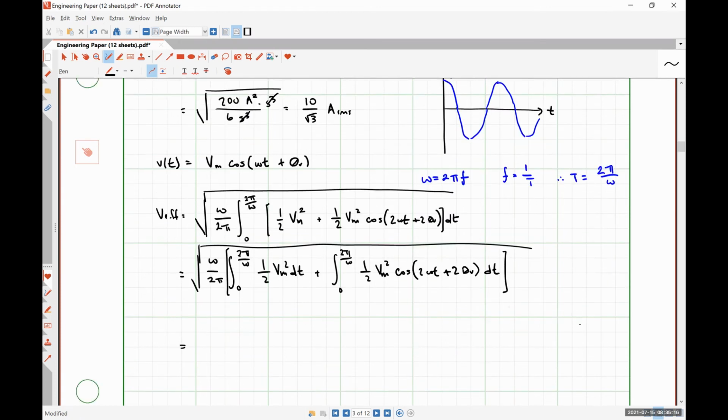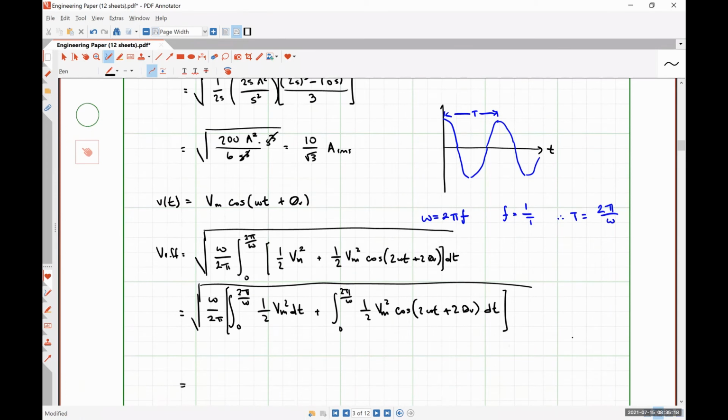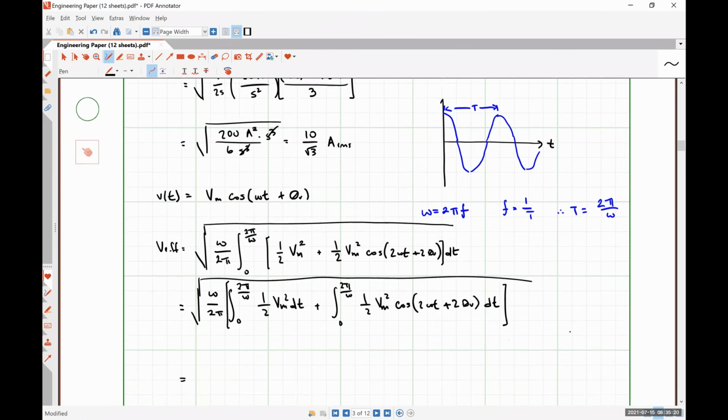We have a double frequency oscillation here with some associated phase angle.